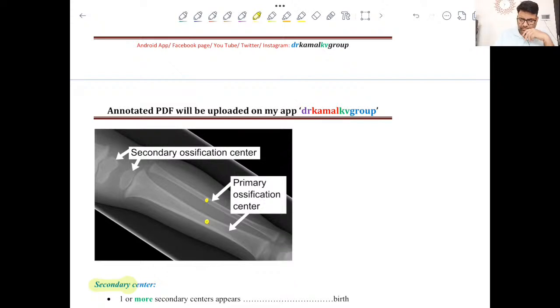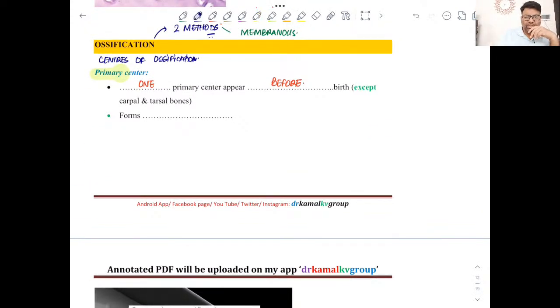So this is the primary center, and this forms, I think everyone will know what this part of the bone is. So this is diaphysis. So one primary center presenting before the birth of the baby, and it forms diaphysis for the majority of the bones.